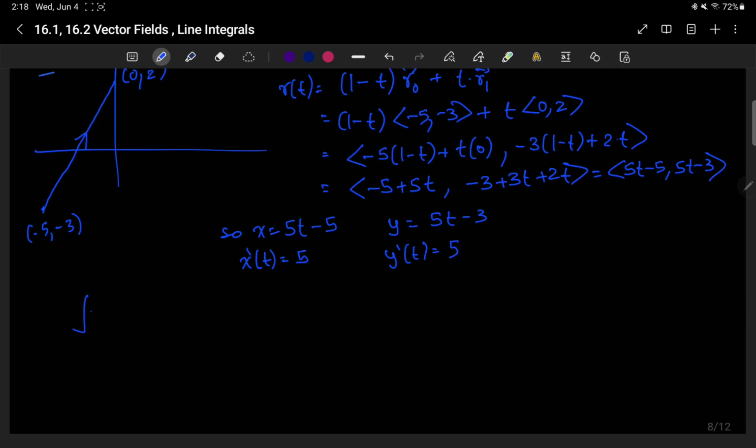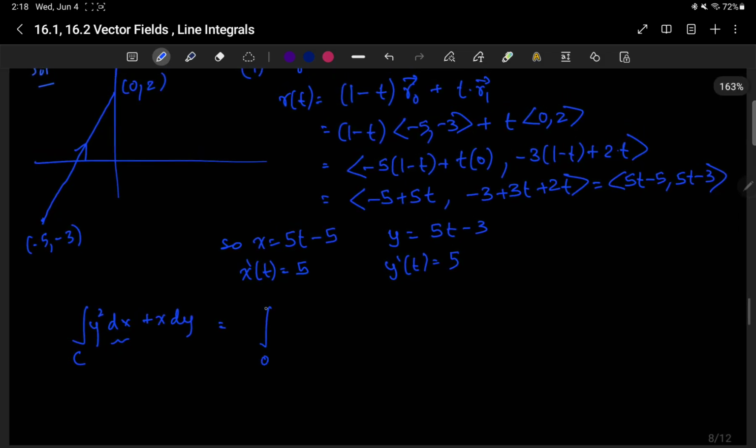So what does my y squared dx plus x dy line integral become? Well, the first part is with respect to x. The parameter t goes from 0 to 1. What is y squared? y squared is (5t minus 3) squared. And the dx becomes x prime, so we have 5 dt. Plus x dy, which is 5t minus 5, and dy, or y prime, is also 5, so we have 5 dt.